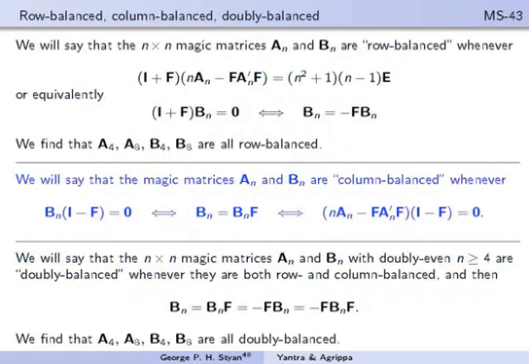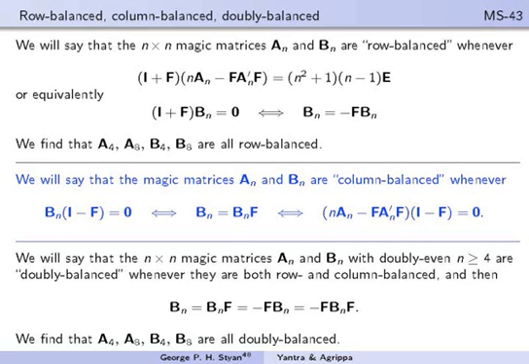We will say that the n by n matrices An and Bn are row balanced whenever we have this property that I plus f Bn is 0, or that Bn is equal to its row flipped version with a change of sign. We will say that the magic matrices are column balanced when, without a change of sign, flipping the columns gives you the same matrix back again: Bn is equal to Bnf for the magic basis matrix.